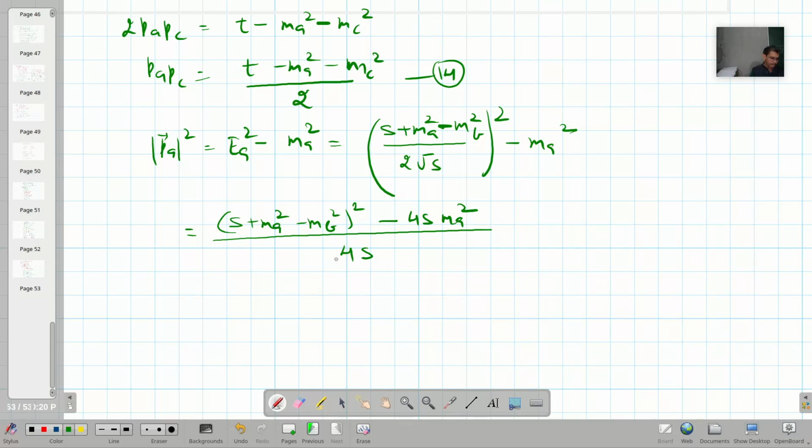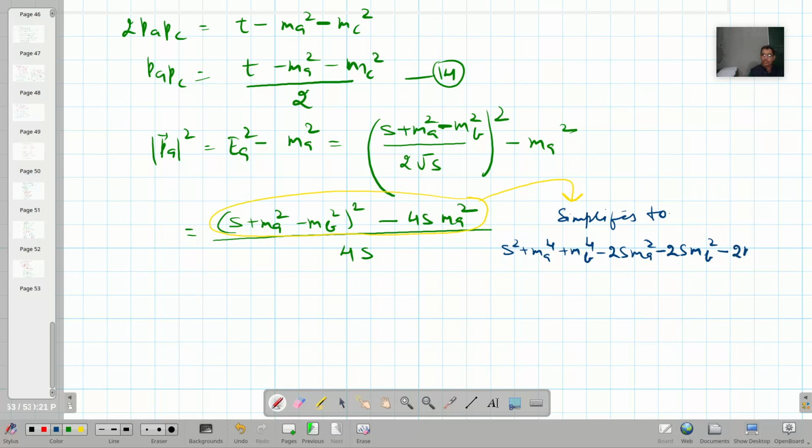Now this numerator part simplifies to S square plus MA raised to power 4 plus MB raised to power 4 minus 2 S MA square minus 2 S MB square minus 2 MA square MB square.